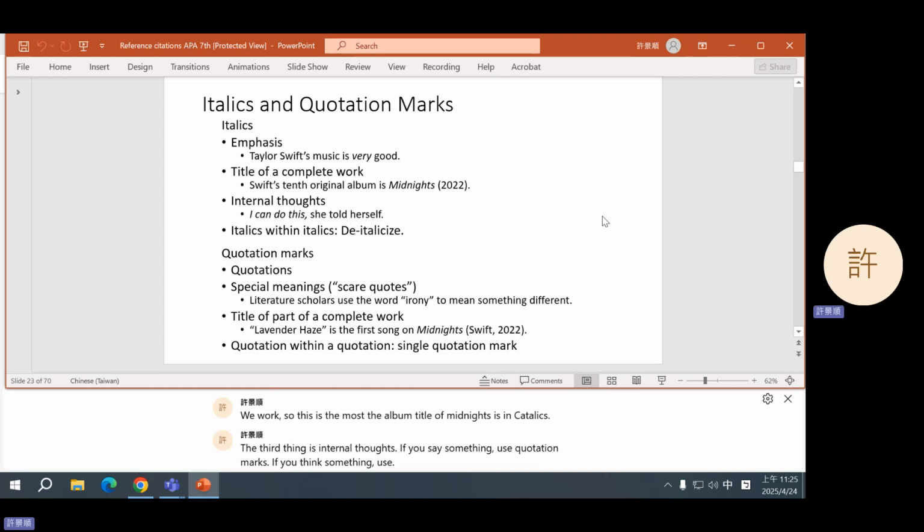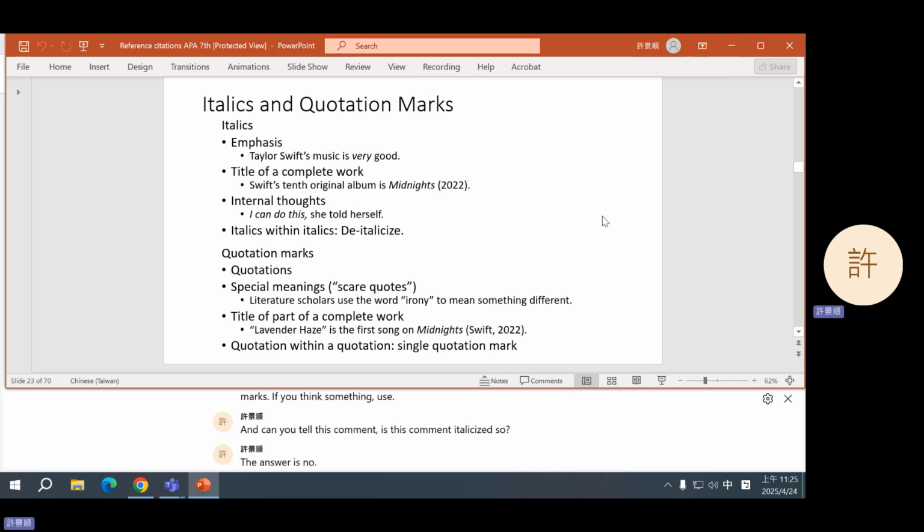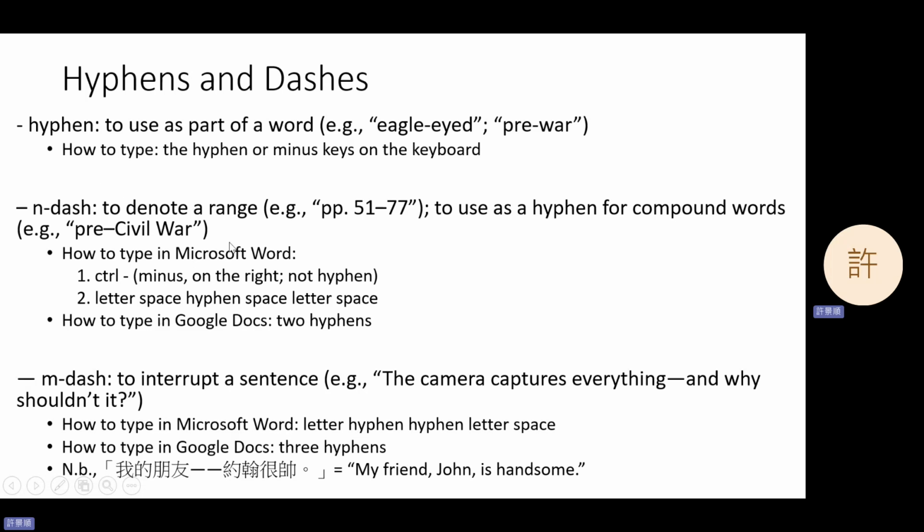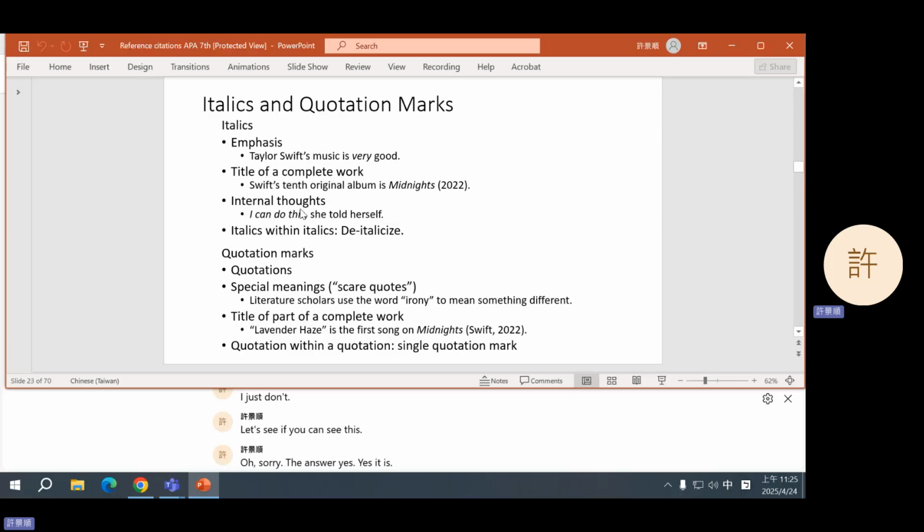And can you tell? This comma, is this comma italicized? The answer is no. Let me show you. Let's see if you can see this. Oh, sorry, the answer is yes. That's correct. Yes, it is. It is italicized. Let's see if you can tell the difference.